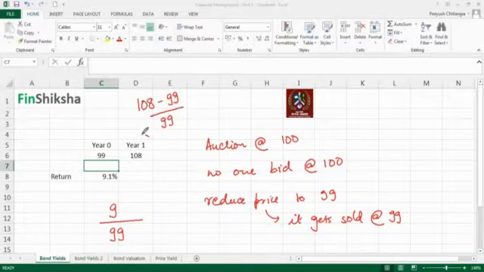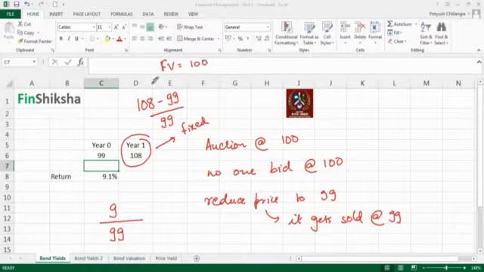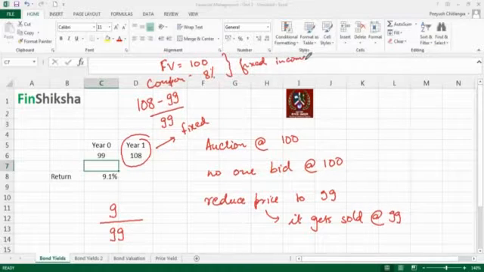Why? Because 108 is fixed. Why is it fixed? Because the face value is rupees 100 and the coupon is 8%, and both of these are fixed. That's why it is called a fixed income security, right?